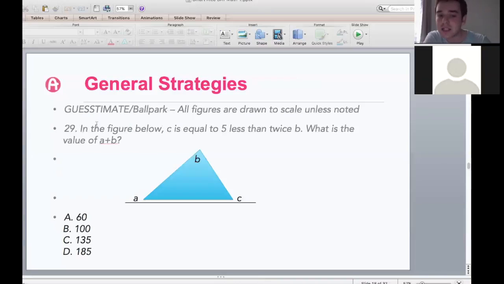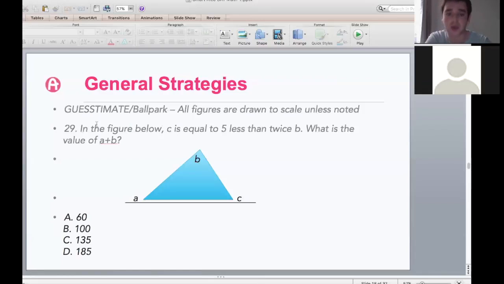And this is an example where you can just use the figure to your advantage, because forgive me, B is supposed to be very clearly an acute angle. So if you look at A and B, that's what you have to add together. And you look at A and say, well, I don't know exactly what that is, but I can tell from the picture that it's obtuse. I know that it's greater than 90. So let's say that it's 120 or 130.